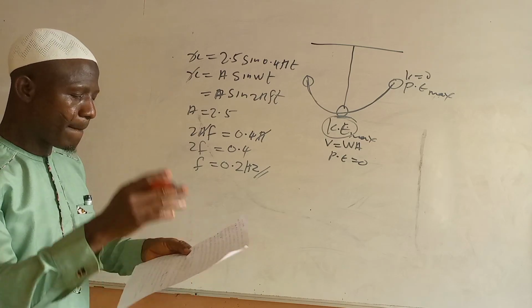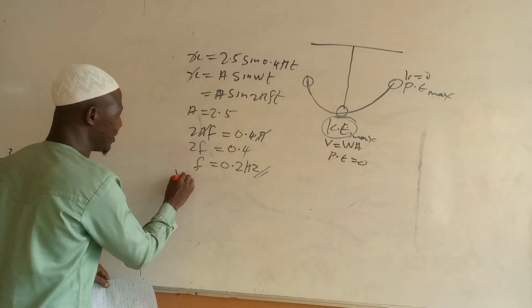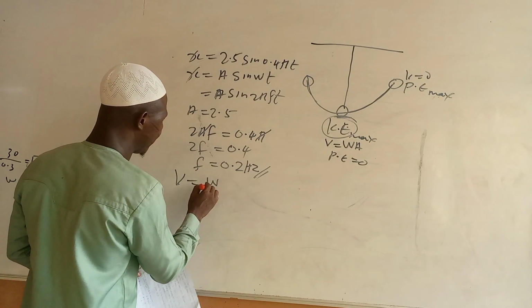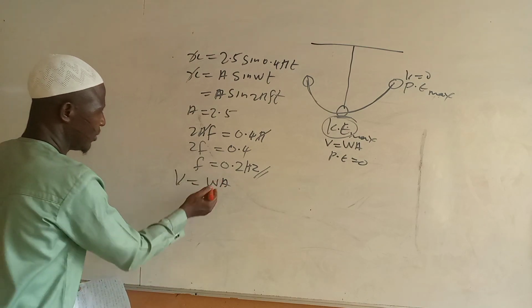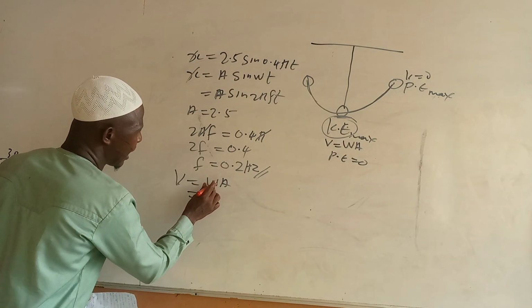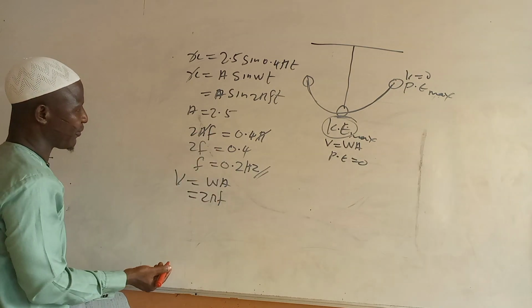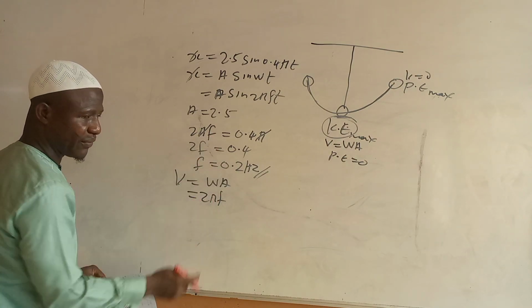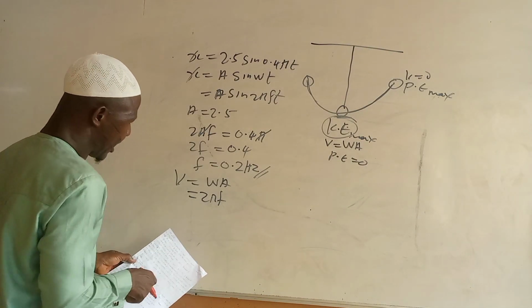Then the question says maximum velocity. Now apply the formula for maximum velocity, which is V is equal to omega A. Then substitute. Our omega is 2 pi F, since we have gotten F. Pi is given to be 3.142 here.